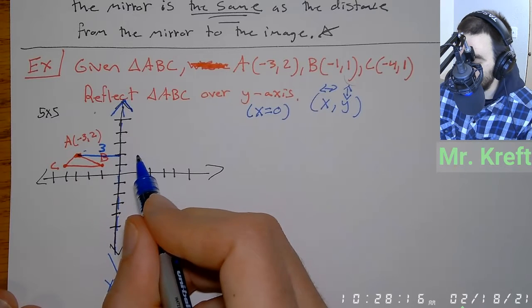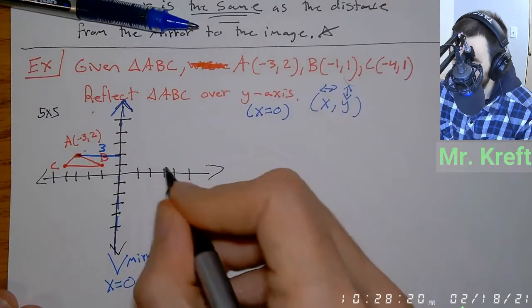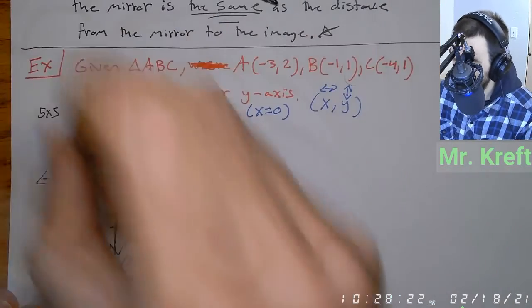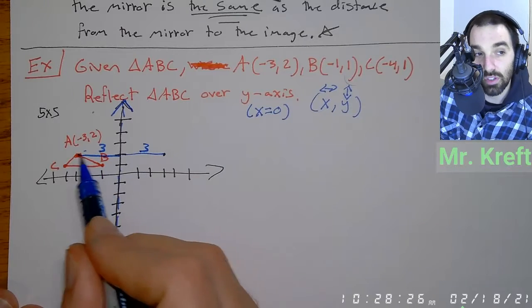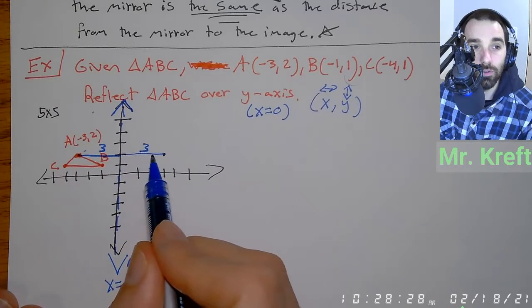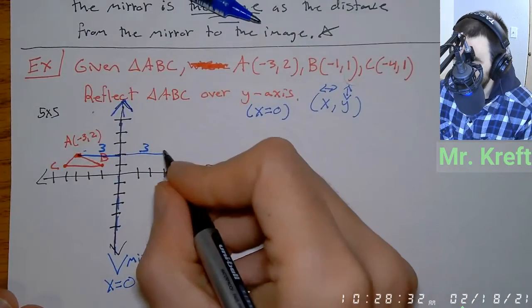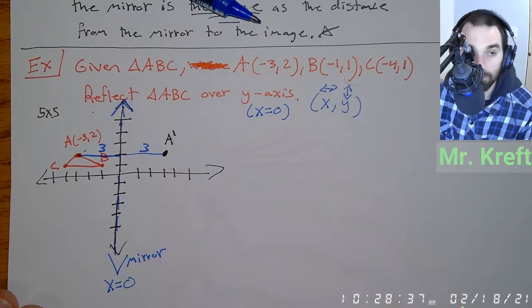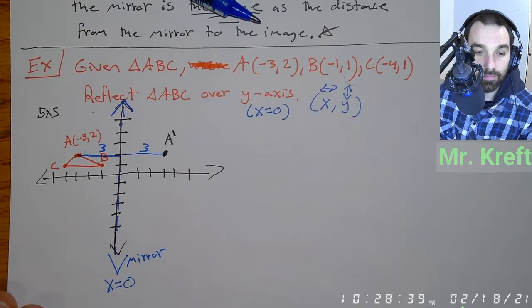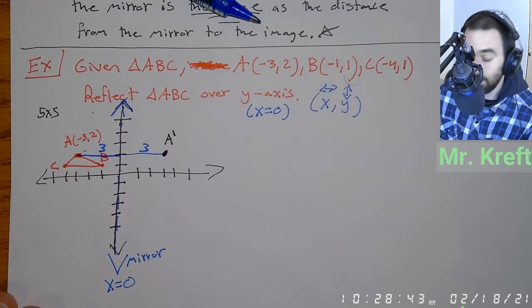So on the other side, I would go 1, 2, 3. Like this. And so it's the same distance to the mirror and from the mirror. And then when I go to label this point, this is my new A, so I would call this A prime. Okay, so I have A prime.